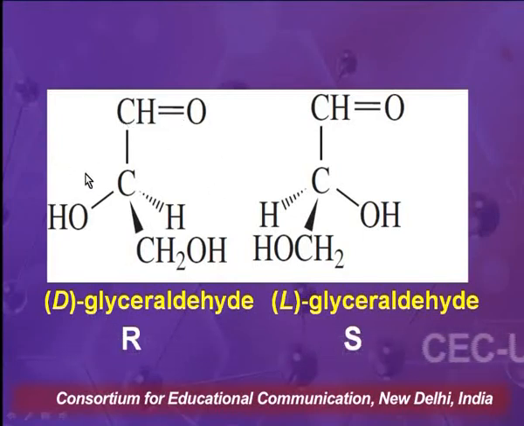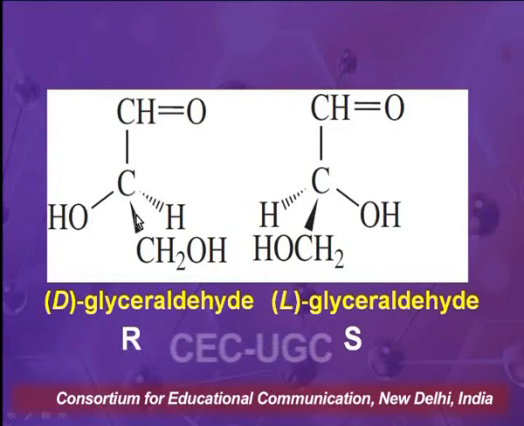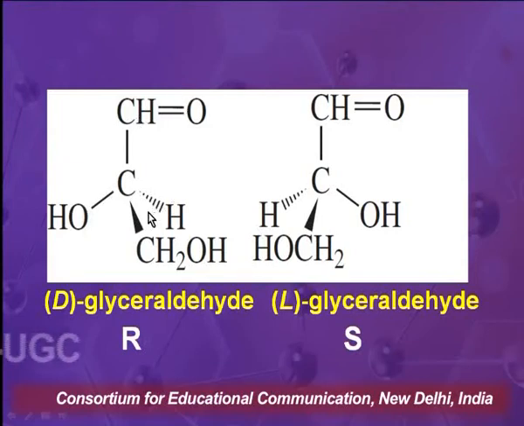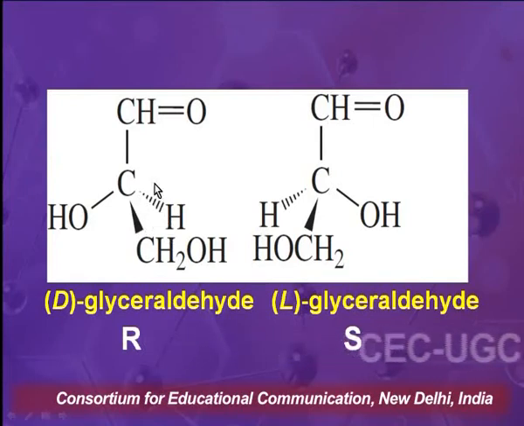O is having highest priority, 1, 2, 3, and our eye is traveling in the clockwise direction, from the group having highest priority to lowest priority, and the group having lowest priority is away from us.